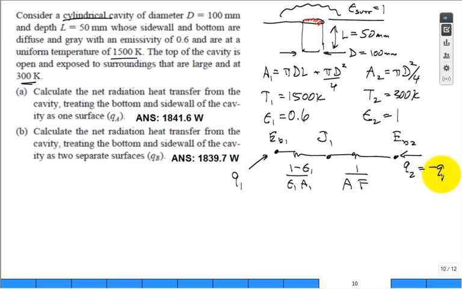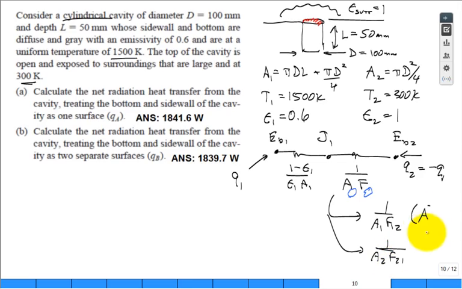All right. So, I left a little room right here. Do you think it would be easier to put here that this is either 1 over A1 F1 to 2, or should I put 1 over A2 F2 back to 1, answer A or B. Which one do you think is a little easier?